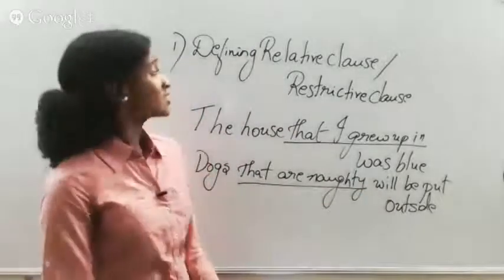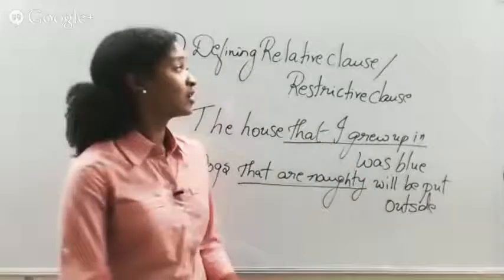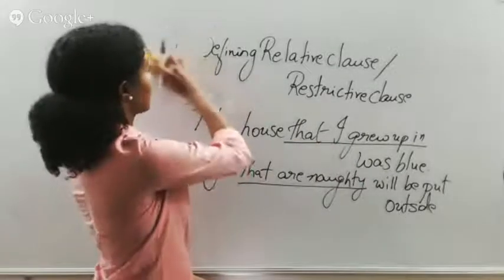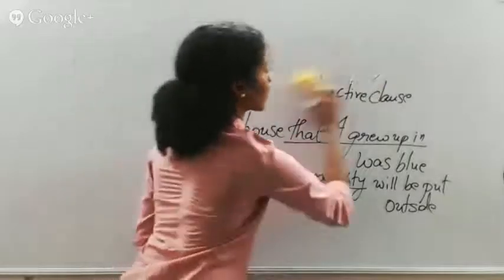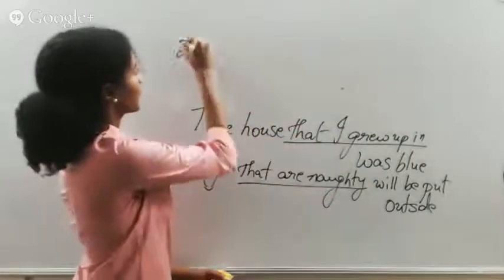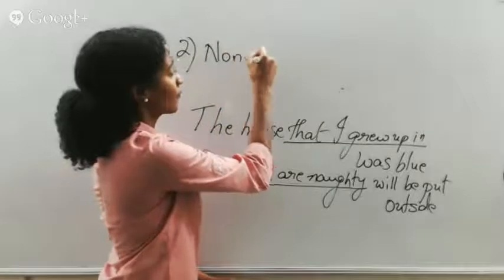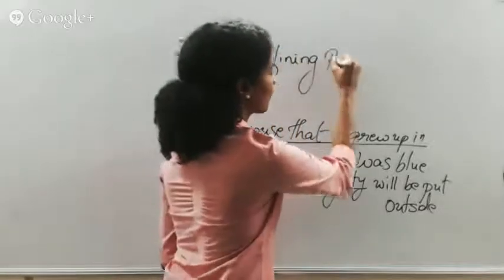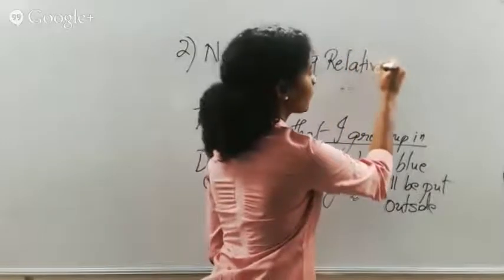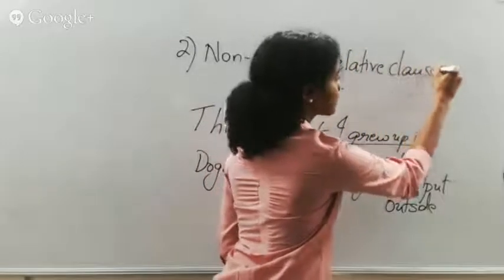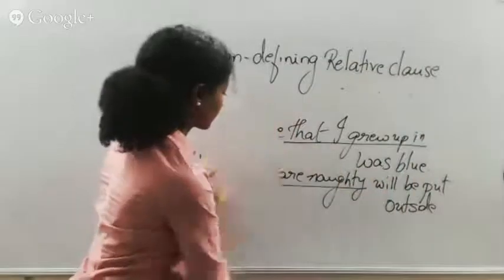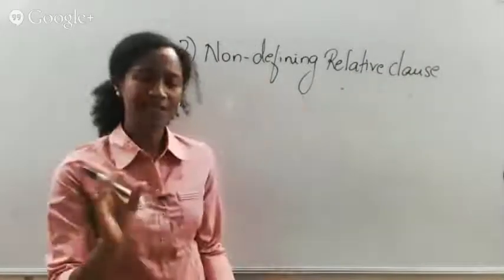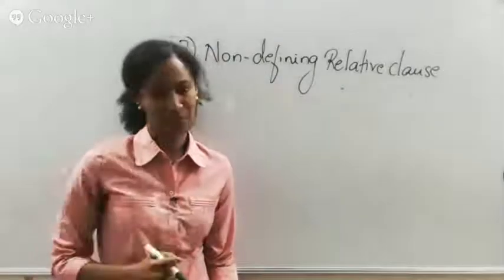Okay. The second one is a non-defining relative clause or a non-restrictive clause. So in this clause, basically this clause is used to add information to a sentence.